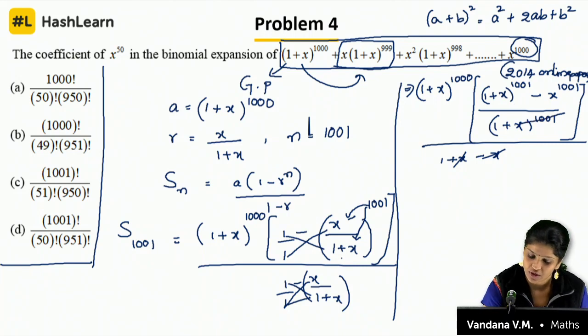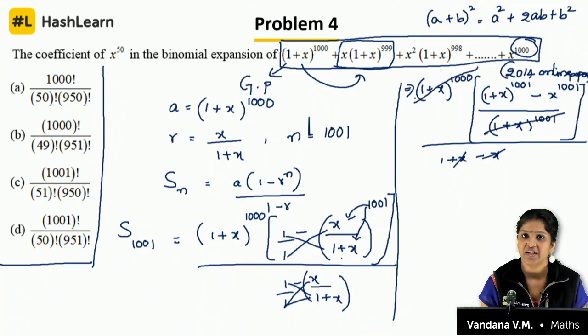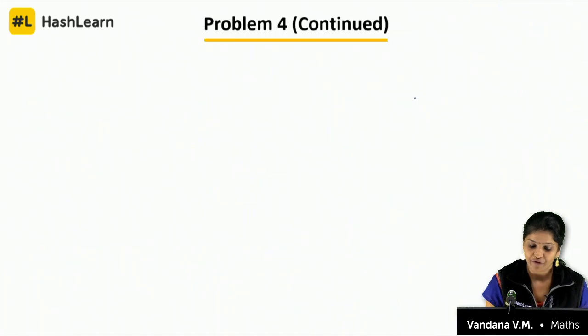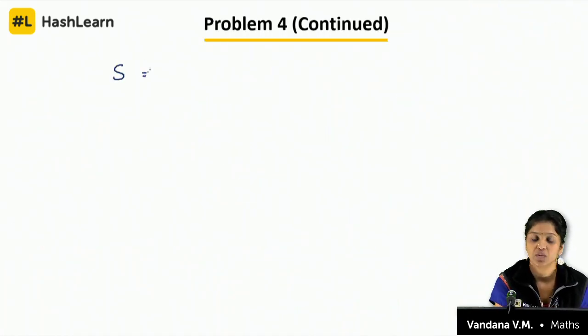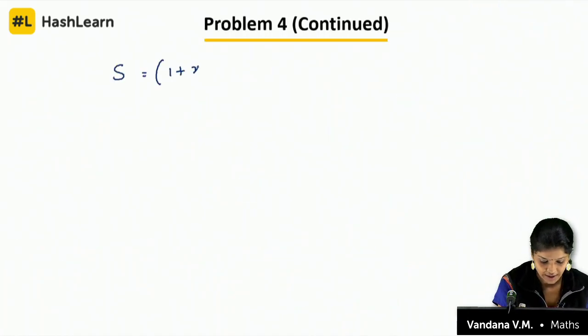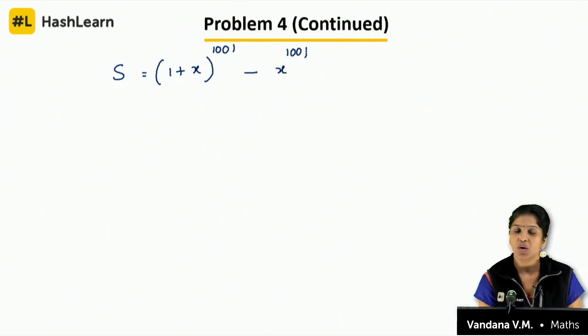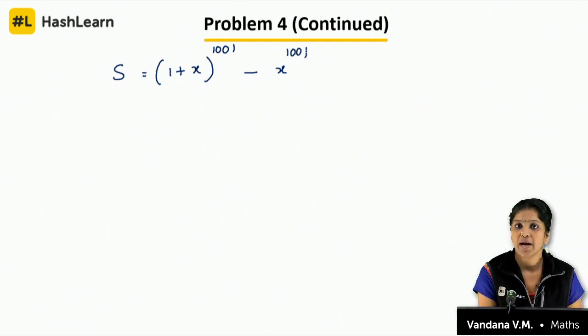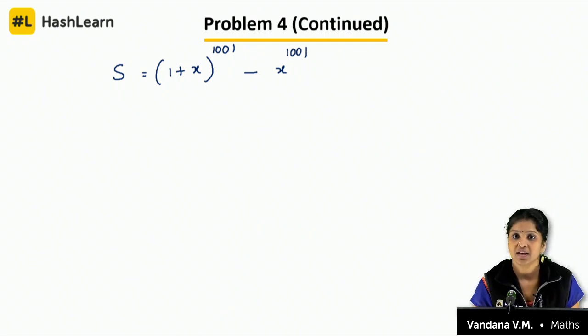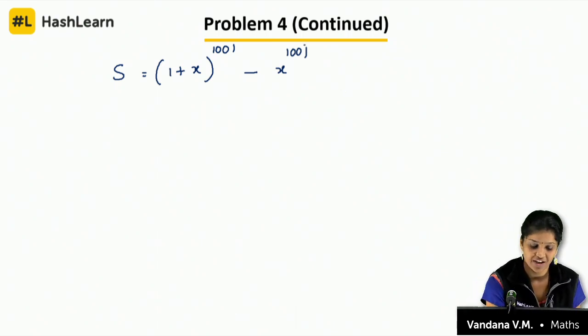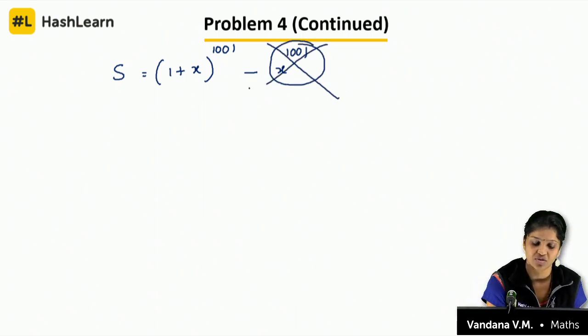This term and this term will get cancelled, and I am left with the sum equal to (1 plus x) whole power 1001 minus x power 1001. Deliberately, they are making us arrive at this step. Why? Because they are asking for the coefficient of x power 50. This is minus x power 1001; there is no x power 50 here, so you can leave this term.